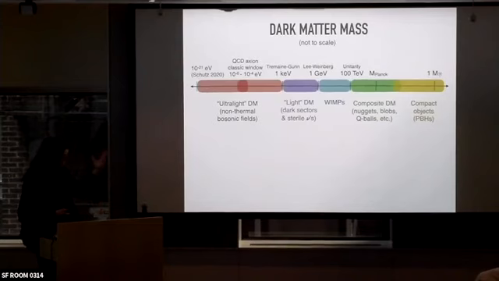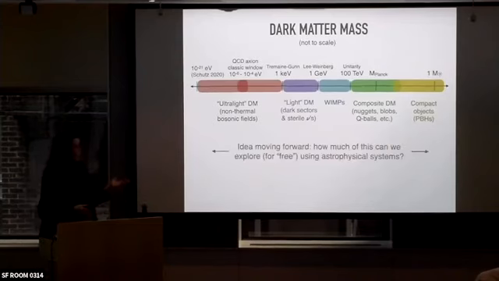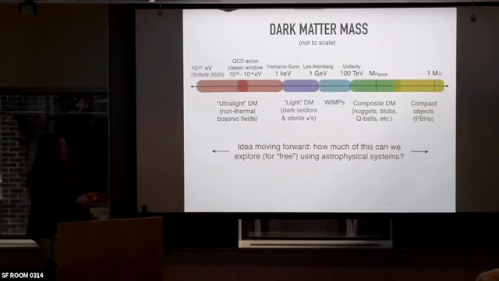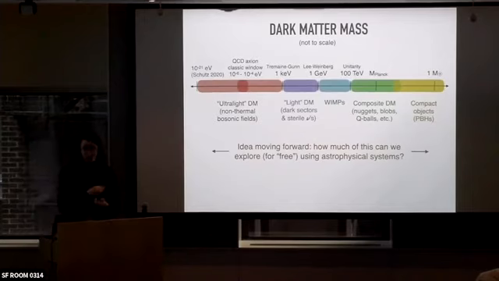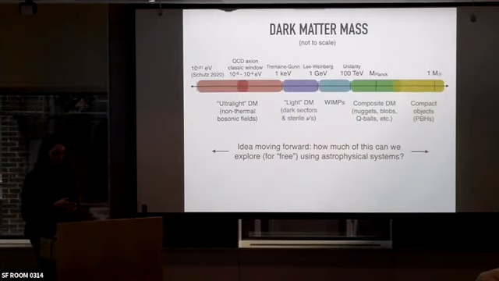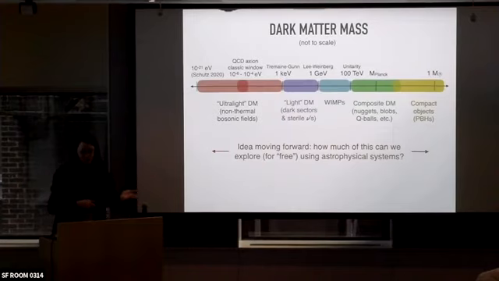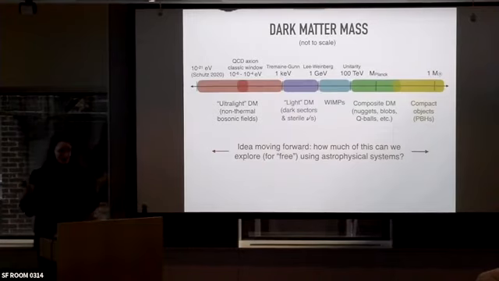But the idea moving forward is, can we explore a lot of this space essentially for free, in quotes, using astrophysical systems that were just laid down for us by nature? So not necessarily having to build a new experiment to cover all of this parameter space and range of possibilities. Yakov Zeldovich said that the universe is like the poor man's particle accelerator. Actually, I think it's so much more than that, right?